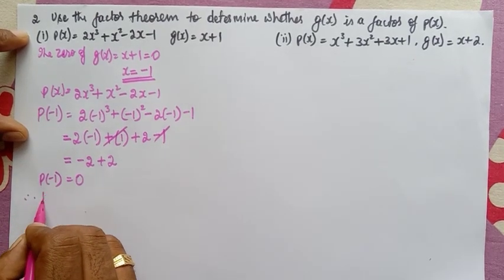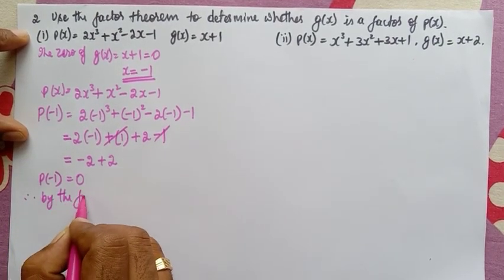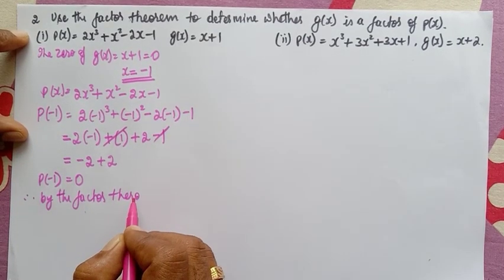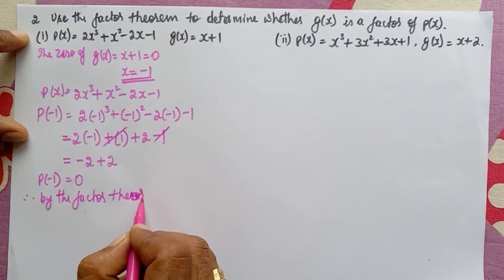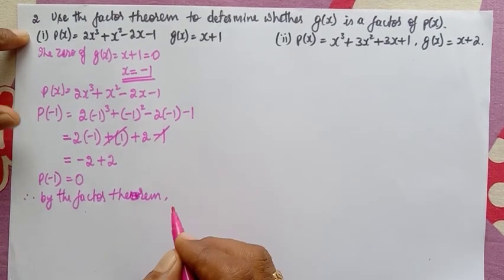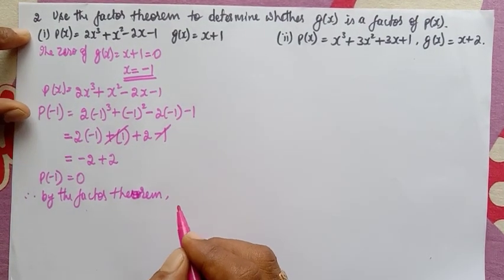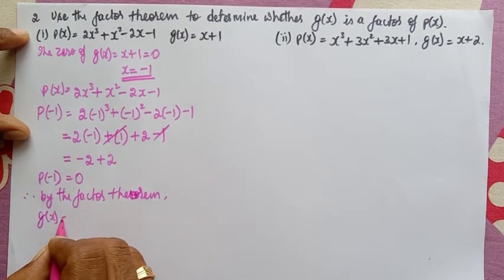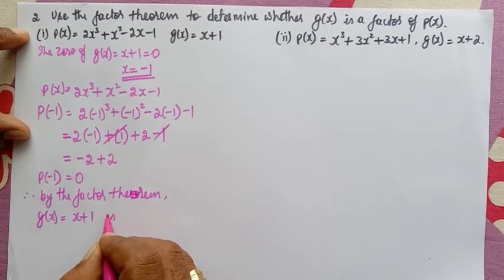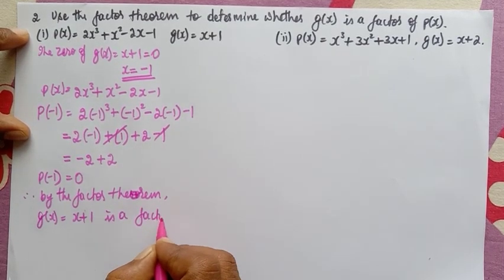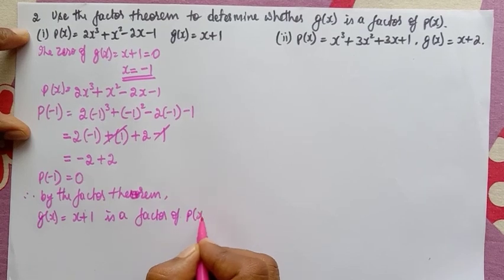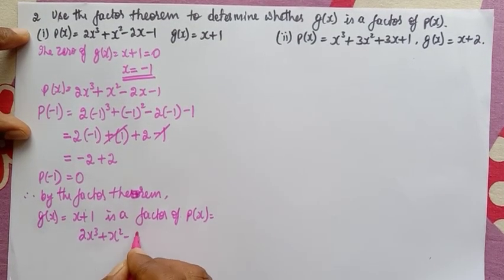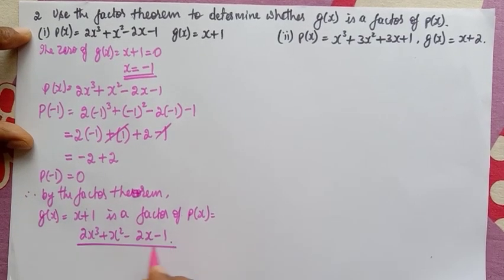Therefore, by the factor theorem, we can say that g of x, that is x plus 1, is a factor of p of x, which is equal to 2x cube plus x square minus 2x minus 1.